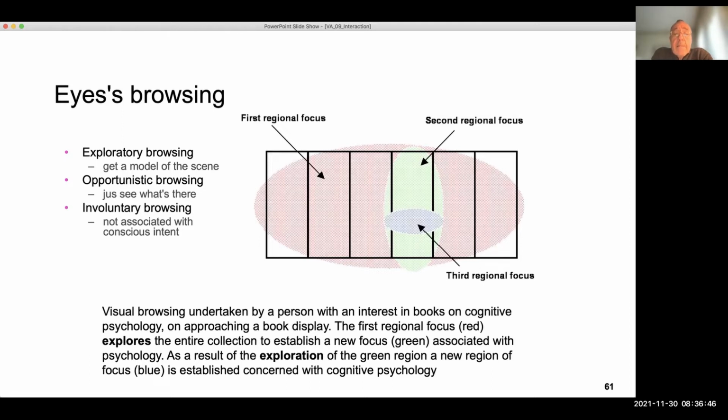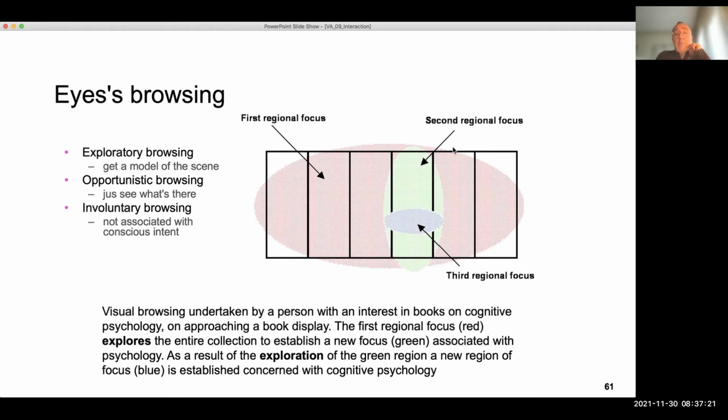And here there is an attempt to model how human beings focus attention. The example is that you are in a library. You are looking at a bookshelf, and you are looking for something about cognitive psychology. This is the typical way in which you interact. The first thing you do is to get an overview of the story, the pink area.